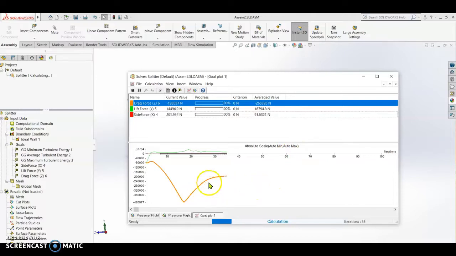So this is the live data, okay? As the air increases in speed.